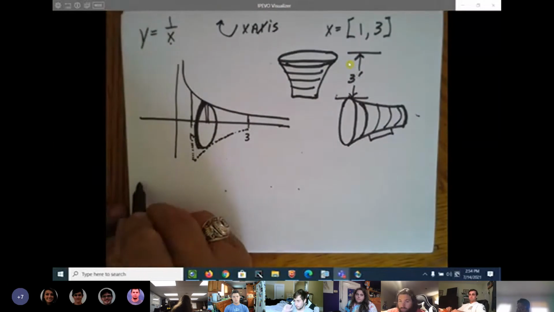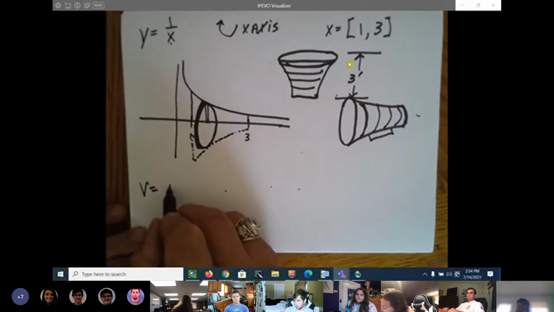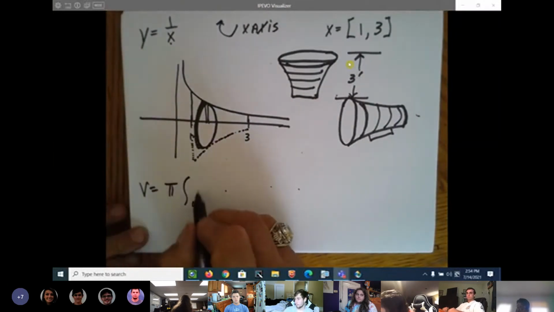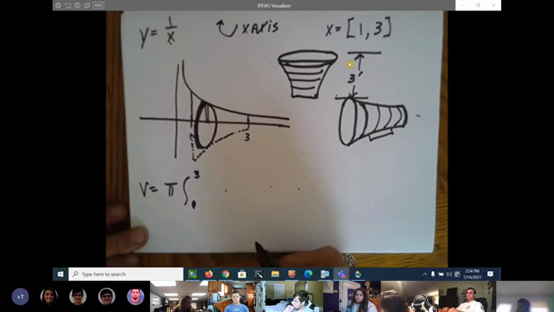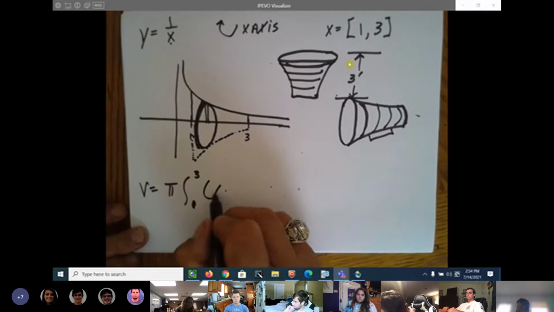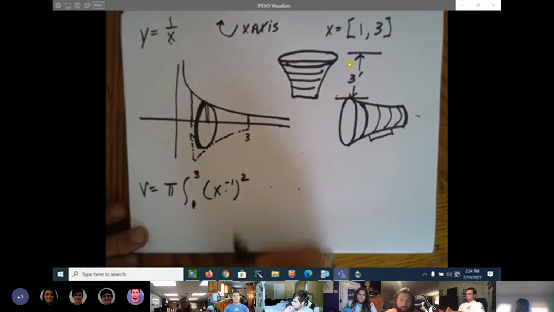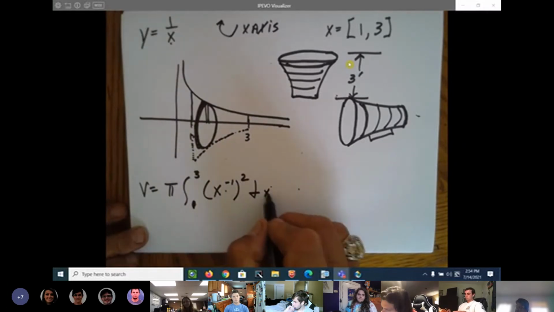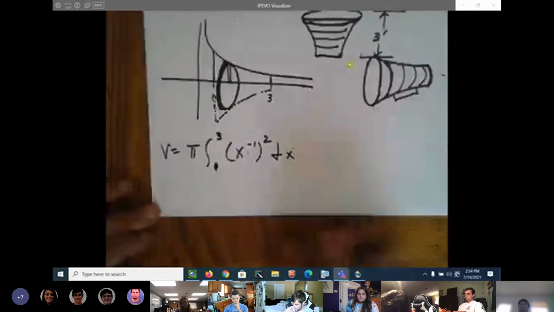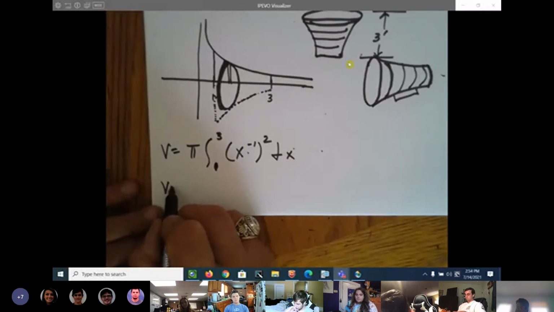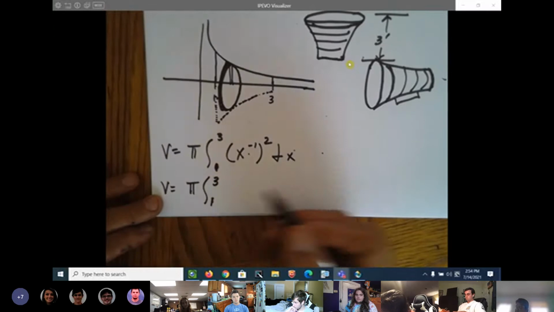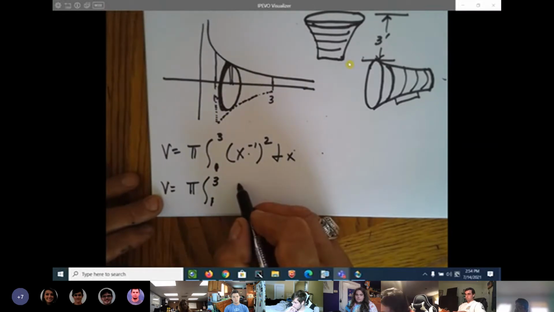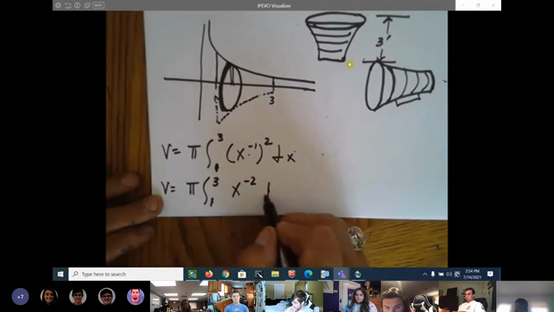So volume is equal to pi from 1 to 3 of parentheses x to the negative 1 squared dx. And V is equal to pi from 1 to 3 of x to the negative 2 dx.